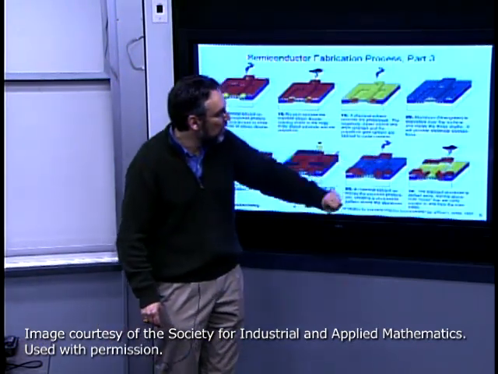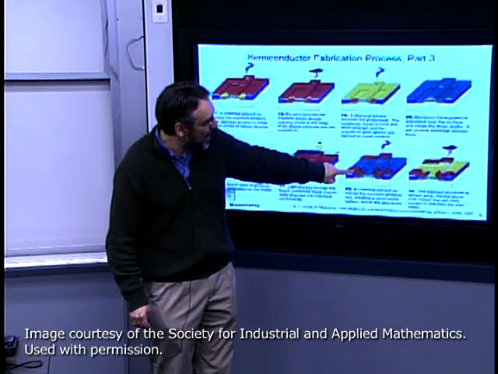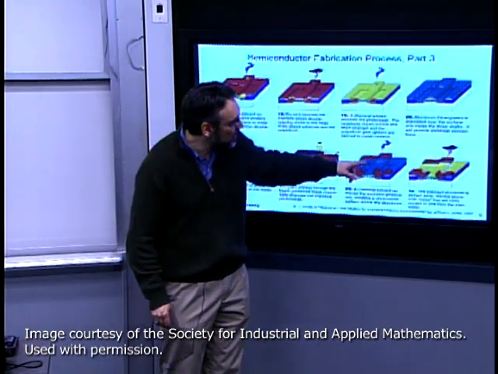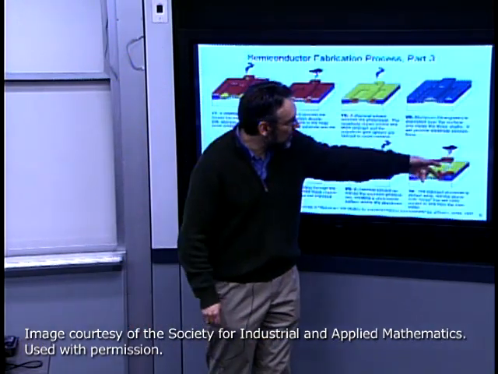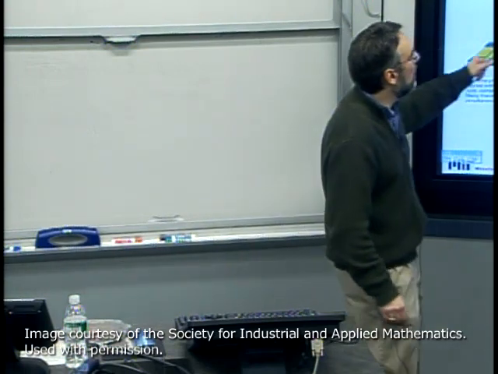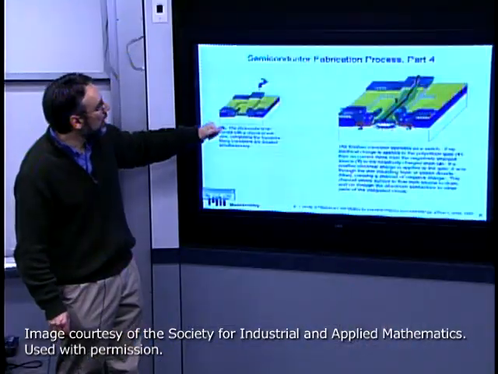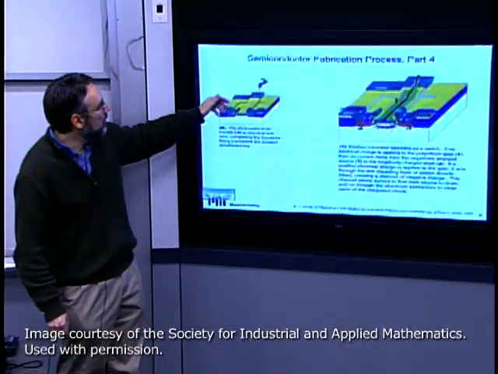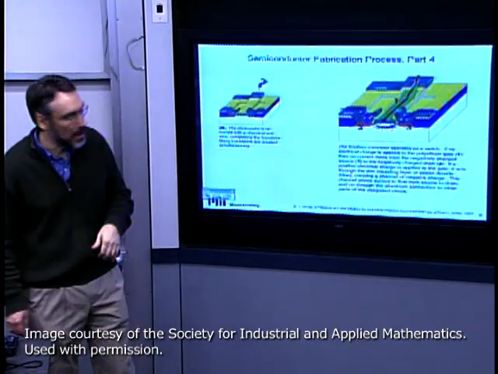I've protected where I'm not going to want to etch. So I'm protecting parts of the aluminum, and then I do a plasma etch or a chemical etch in order to remove the aluminum, and then I strip away the photoresist, leaving my structure.